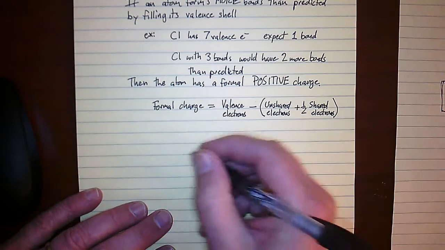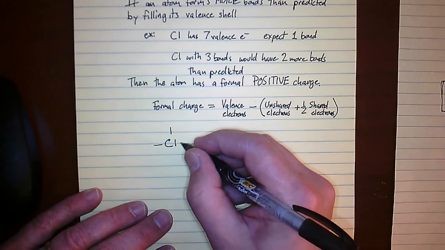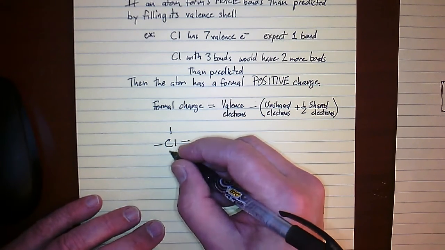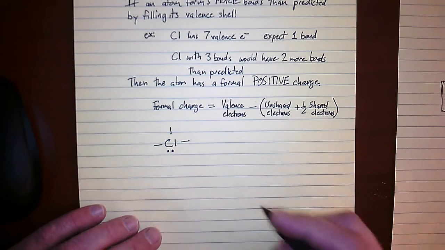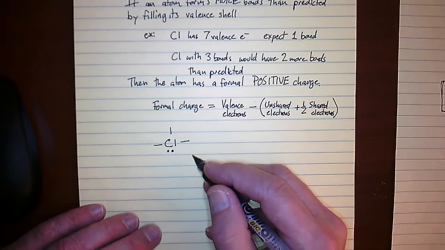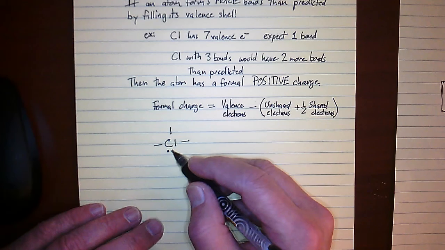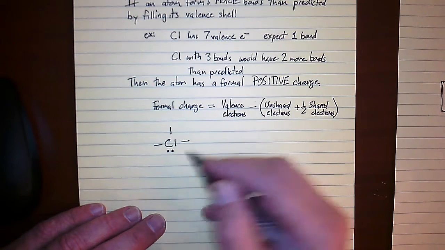So if we look at something like this, like chlorine with 3 bonds on it, but still having a full octet, should something like this form, then you would have chlorine with 3 bonds and 2 extra electrons on it.